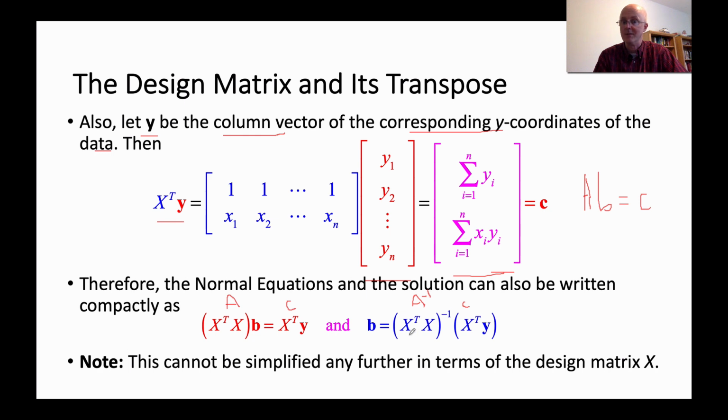You might think you could write it as X inverse times X transpose inverse. But no, X and X transpose are not going to be square matrices. They don't have inverses. The product is a square matrix. It has an inverse, at least if its determinant is non-zero. But those matrices individually do not have inverses. Okay, so it cannot be simplified further in terms of the design matrix X.